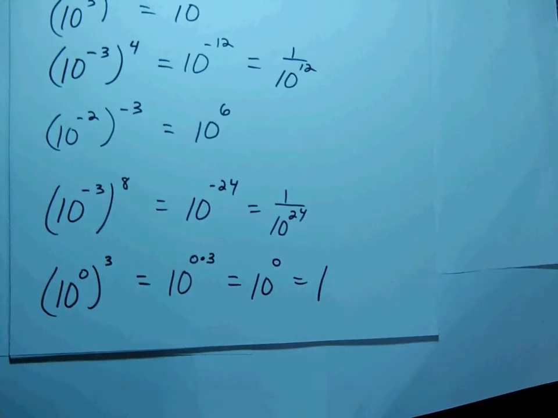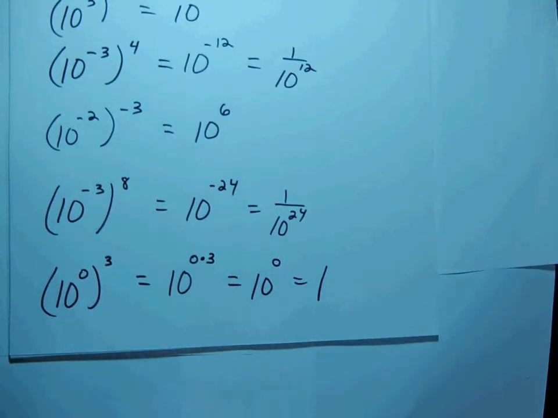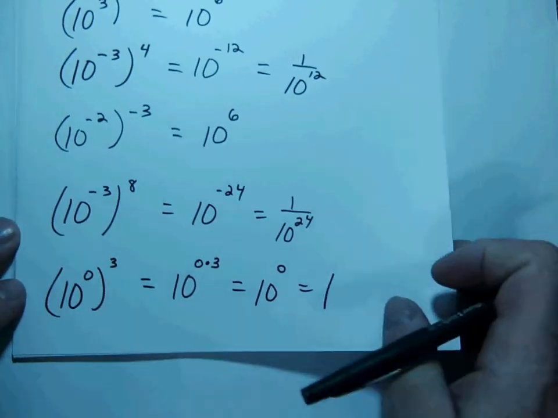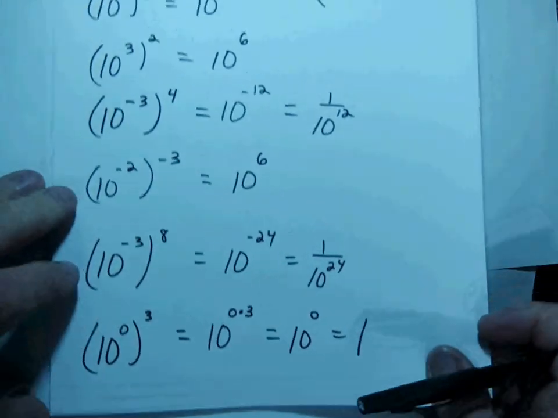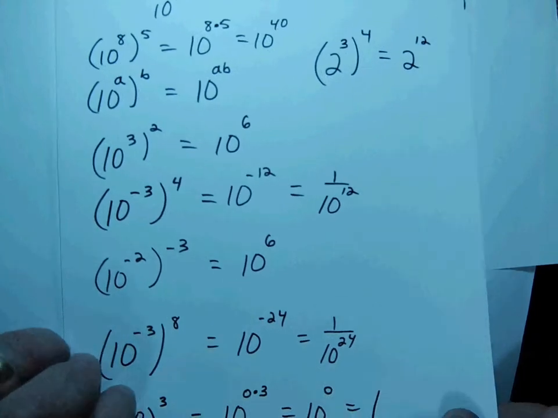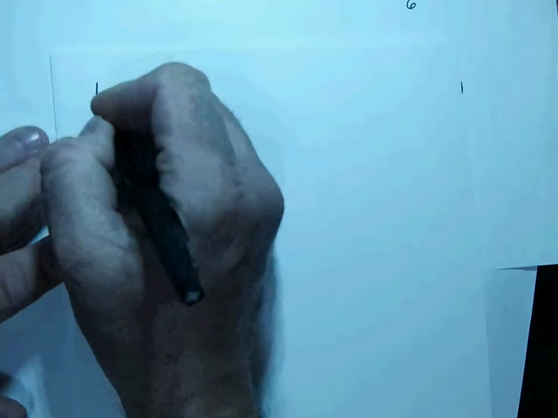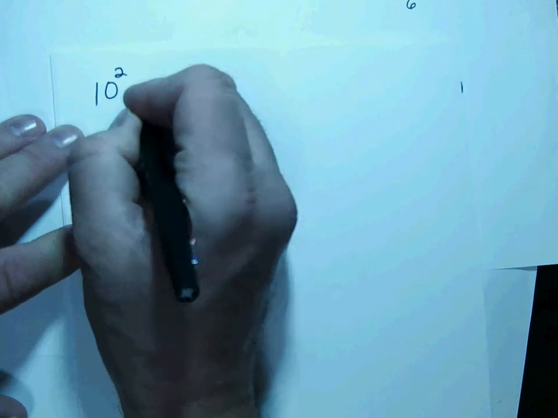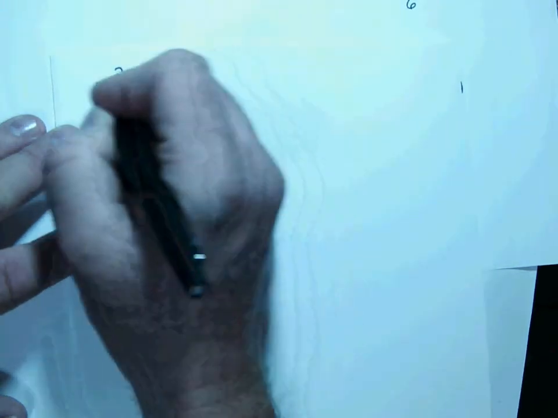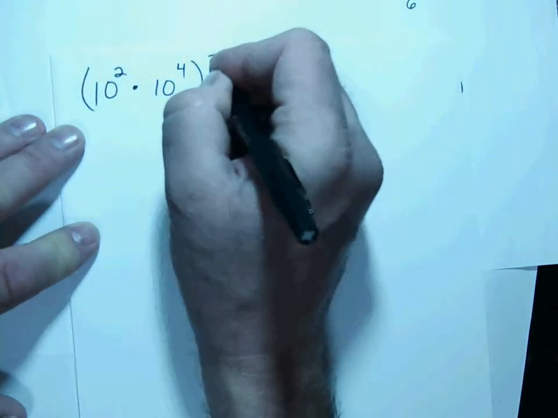Okay? That's really all there is to it. An exponent raised to another exponent, I multiply. Okay, so let me trick this up a little bit and put a couple of these things together. What if we have 10 squared times 10 to the 4th, and then we cube it all.